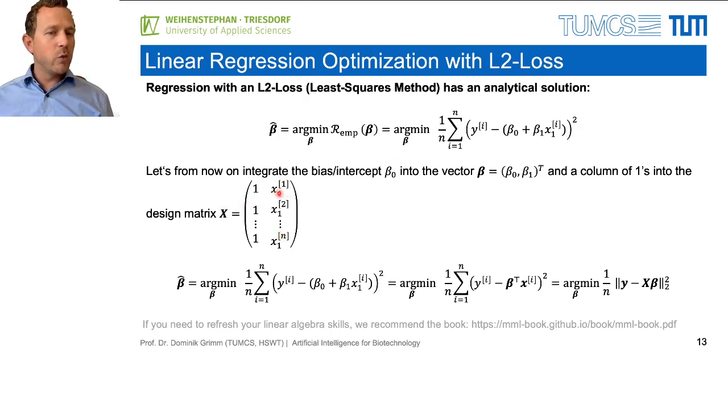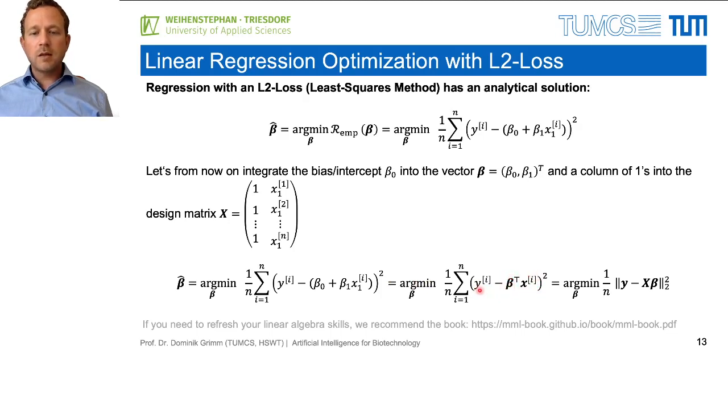We have here only one feature, which was, for example, in our case, the price of the house for n different samples. And the first column is just a column of 1s. What does this allow us? This allows us to rewrite this sum, beta 0 plus beta 1 times x1, in matrix notation.